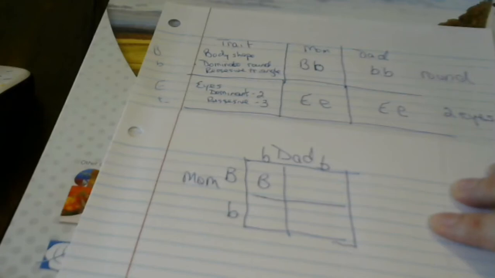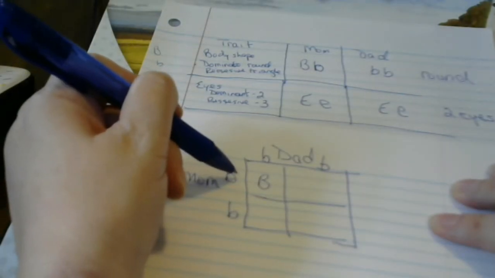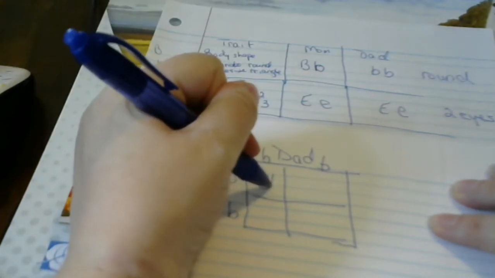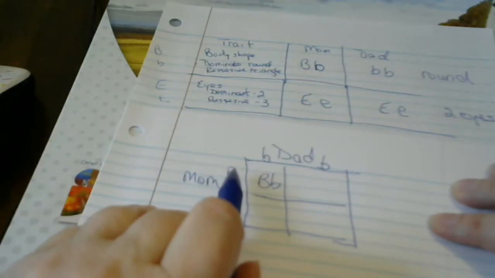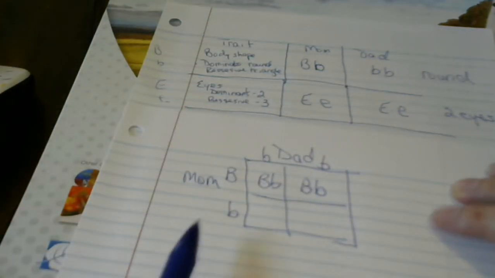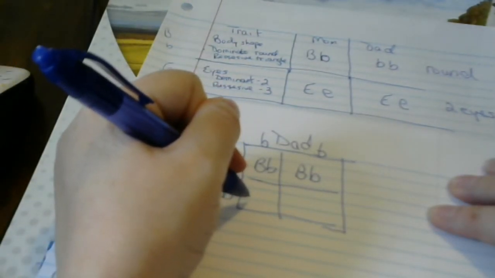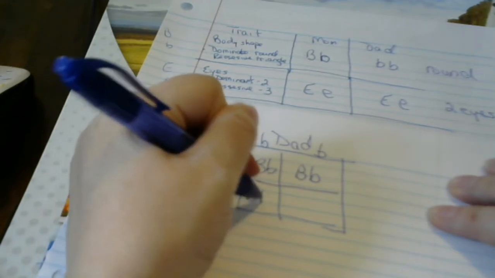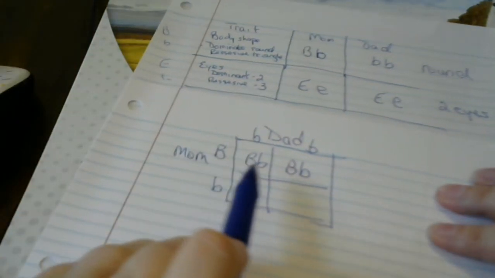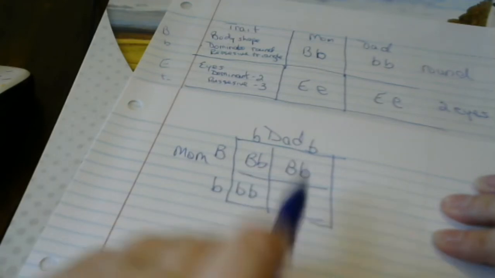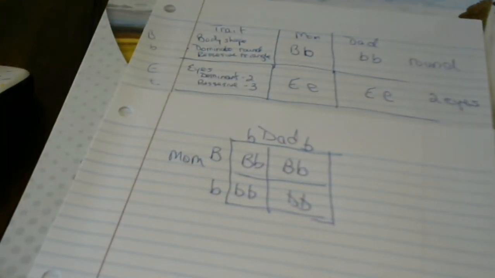So you're going to have big B, little b right here because you're just combining what's there on each side. This one's big B, little b. This one is little b, little b. And then this one is going to be little b, little b. So you're going to have it that way. If it asks you to do the Punnett square, you can do that.